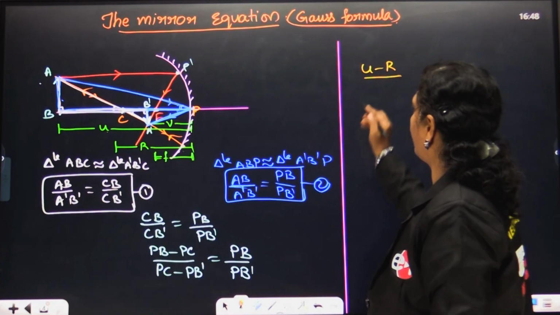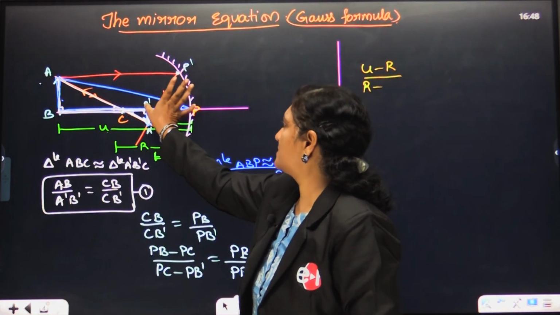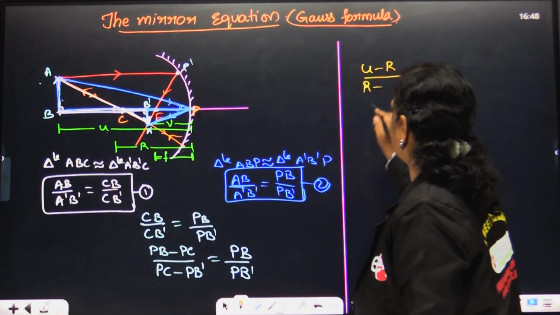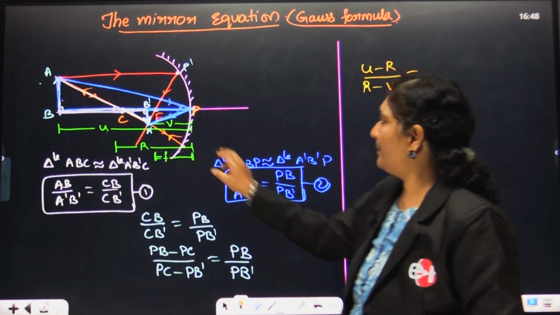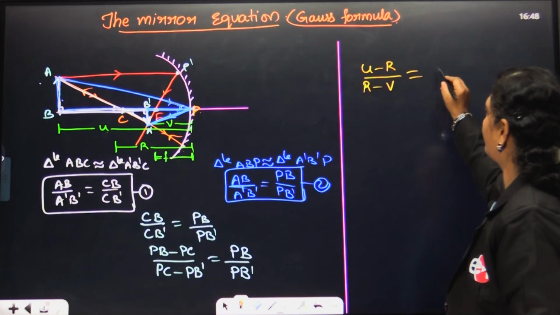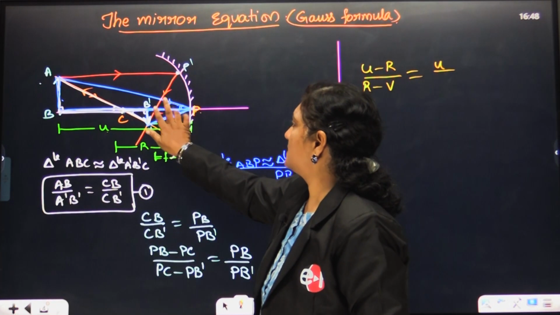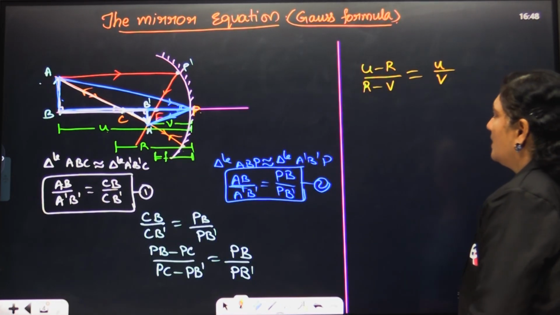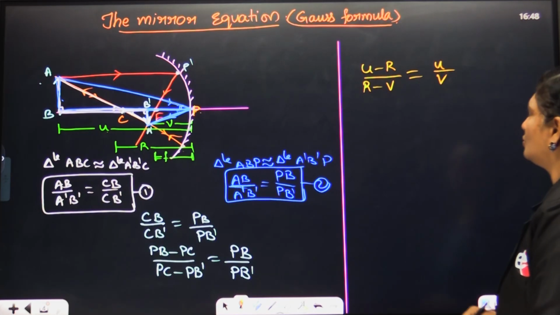PC is again the radius of curvature R minus PB dash. PB dash is this portion. Image to pole, indicated with the letter V, equals PB. PB means from here to here, the total length is the distance of the object U. Again, PB dash means this is the distance. This distance is the distance of the image given as V. So, U minus R by R minus V is equal to U by V.